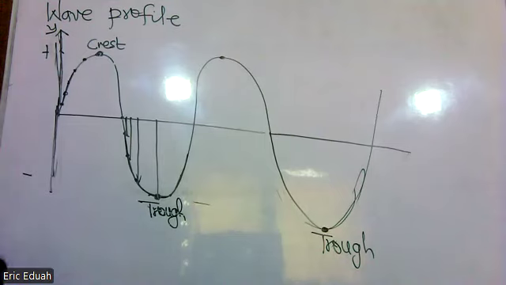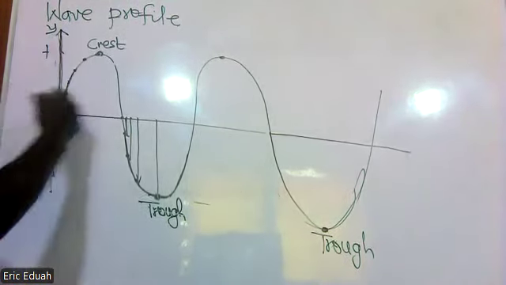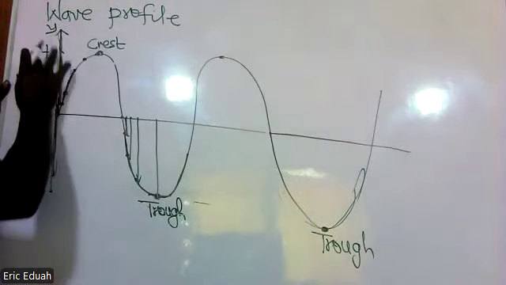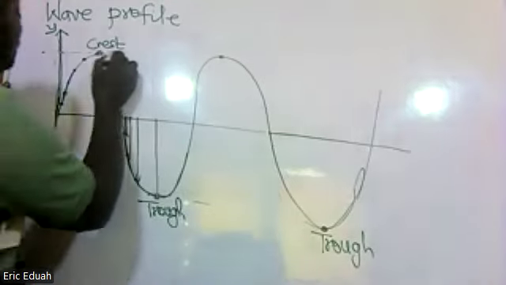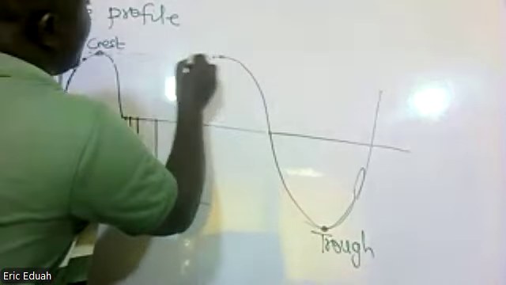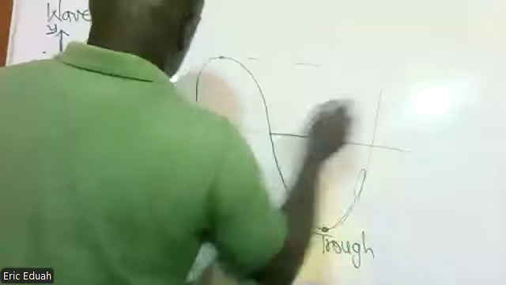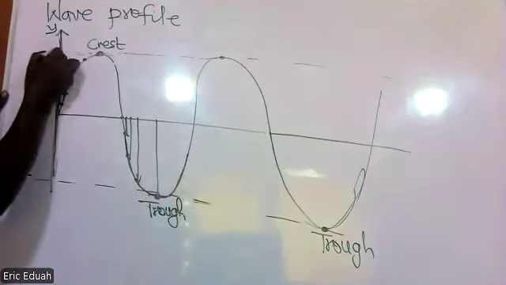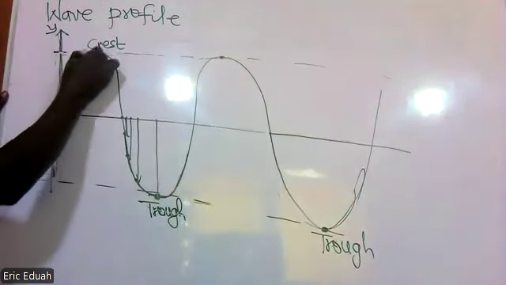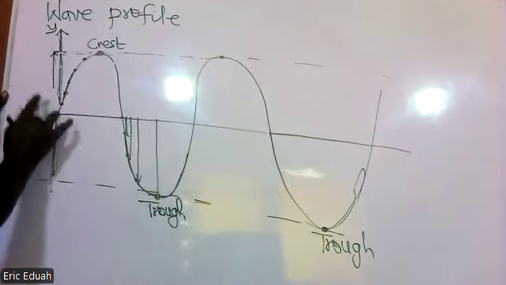Then for free oscillation, when we consider the amplitude of the wave, the maximum displacement of the whole wave itself, whether up or down, this point measured from the x-axis to where the crest is termed the amplitude of the wave.